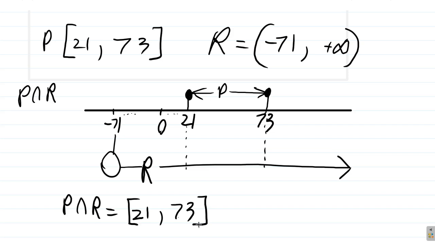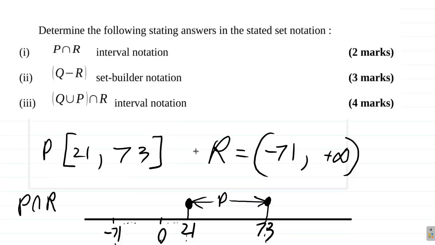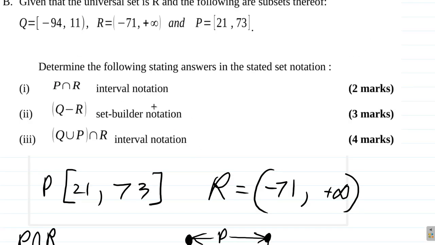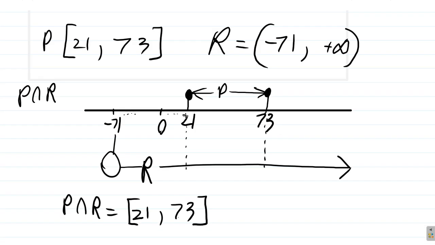So that's what I have there. It's 21 and 73, both included. Oh, they say in interval notation. Okay, good, so that's what we have there.